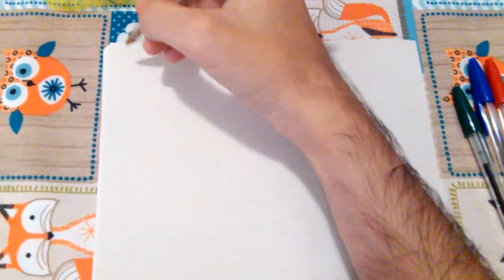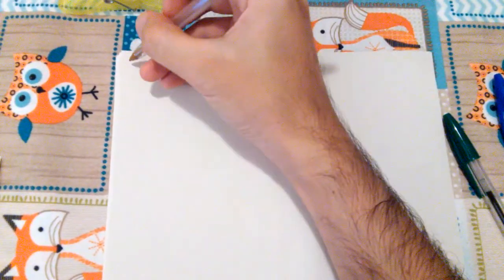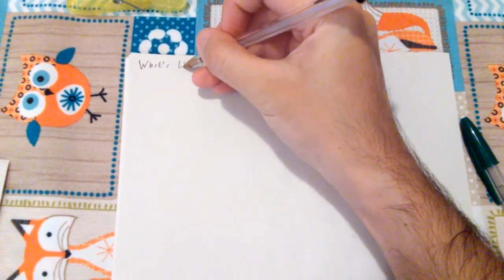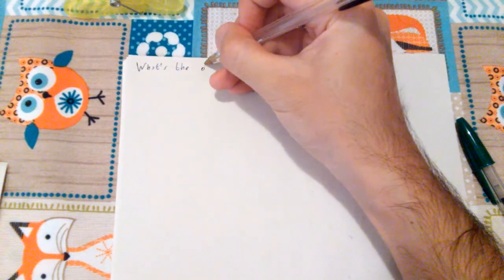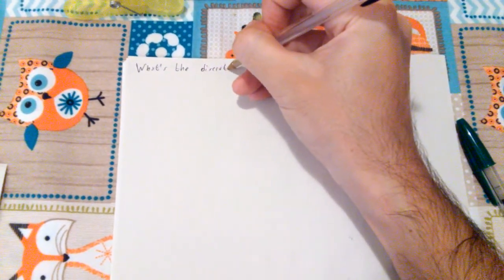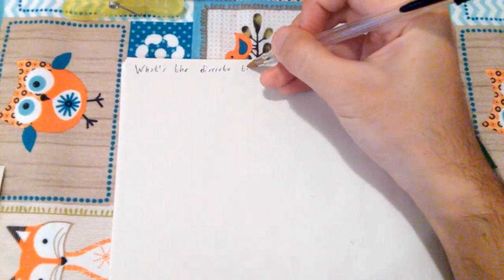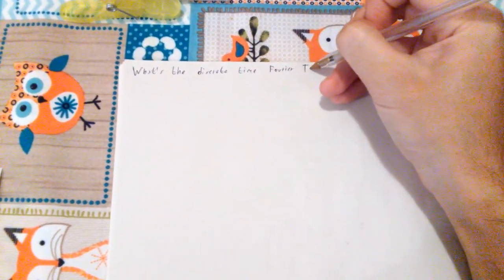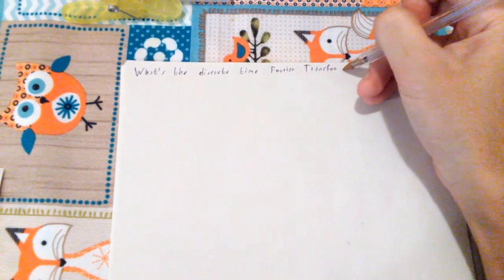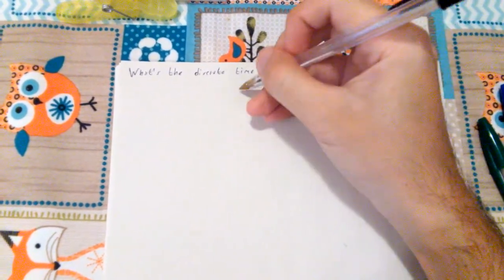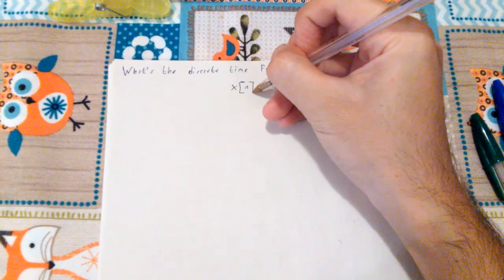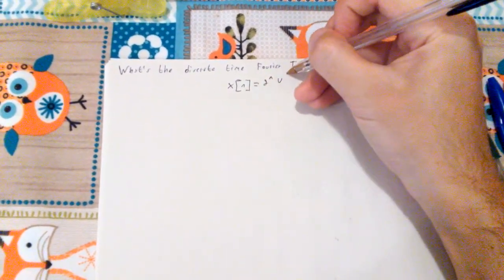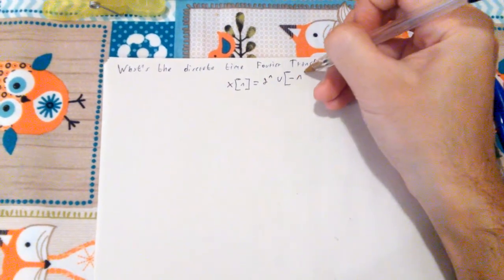So let's say that the problem is asking what's the discrete time Fourier transform of x of n equal a to the n u of negative n.